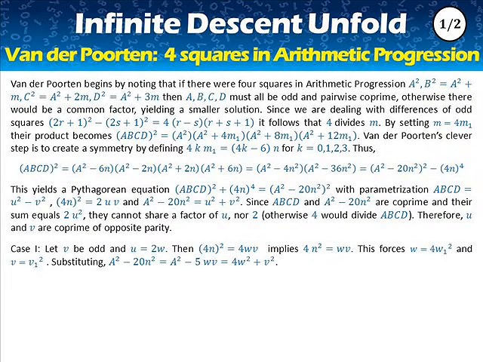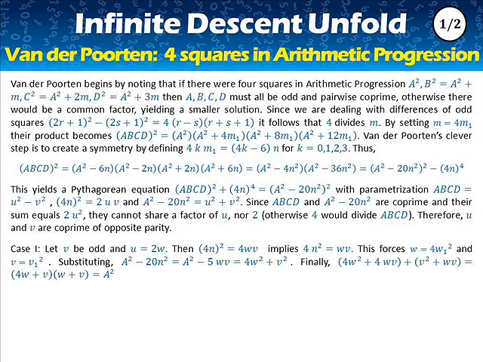Substituting, a squared minus 20n squared equals a squared minus 5 times w times v, which equals 4 times w squared plus v squared. Finally, regrouping and substituting, we get two factors. The first is 16 times w sub 1 squared plus v sub 1 squared, and the other one is 4 times w sub 1 squared plus v sub 1 squared. The product equals a squared.